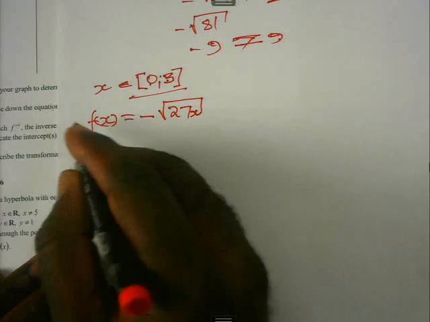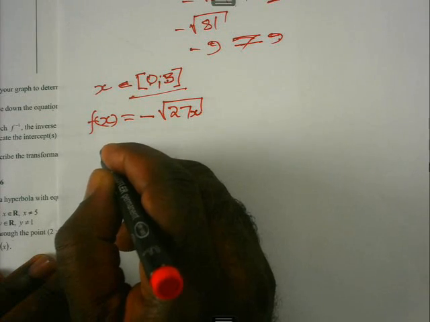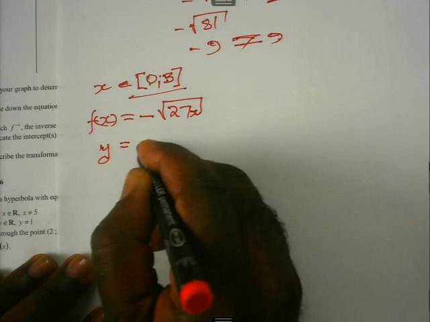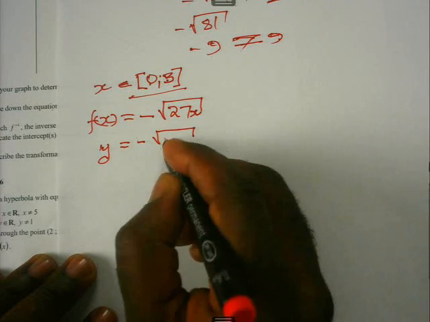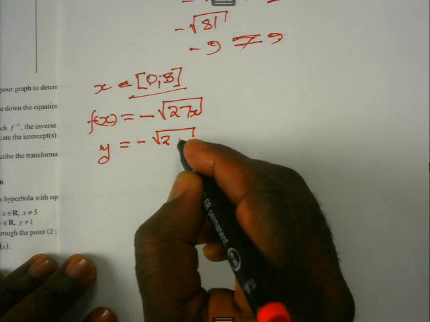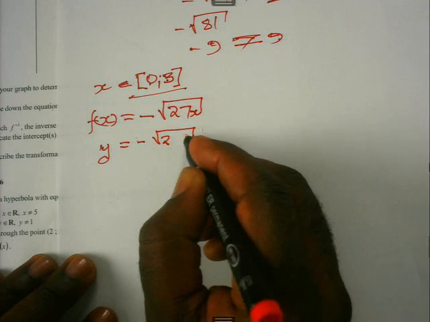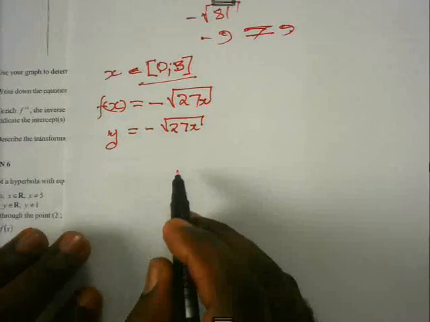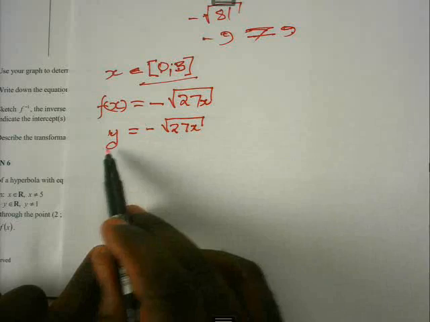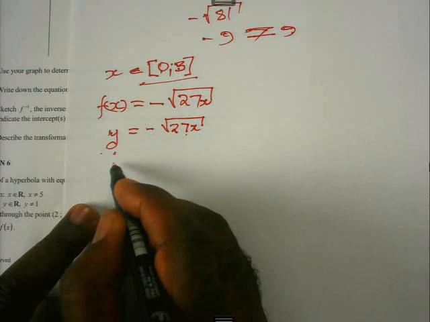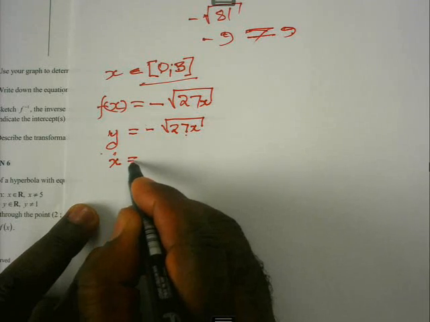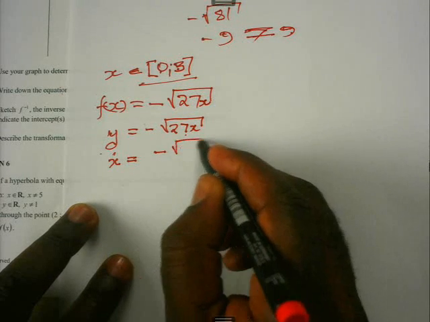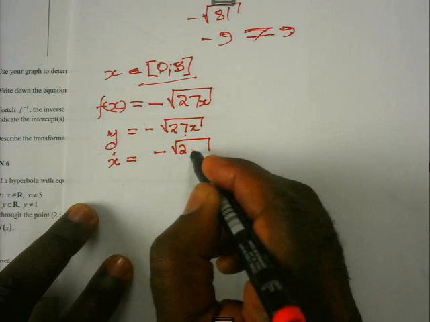Remember that my f of x can always be y. Let me write it in terms of y, such that when I do my interchanging we don't have any problem. The first step is to interchange x with y, so x must be equal to negative the square root of 27.